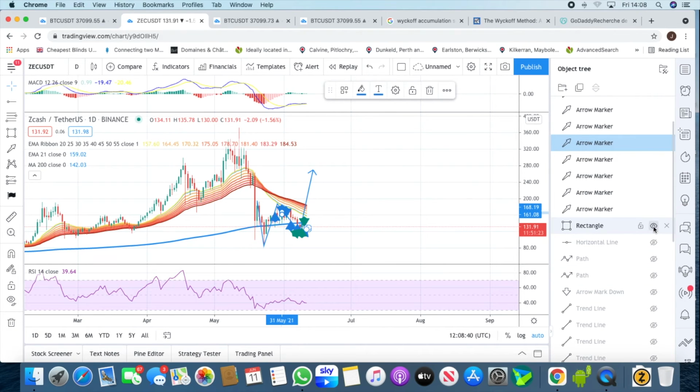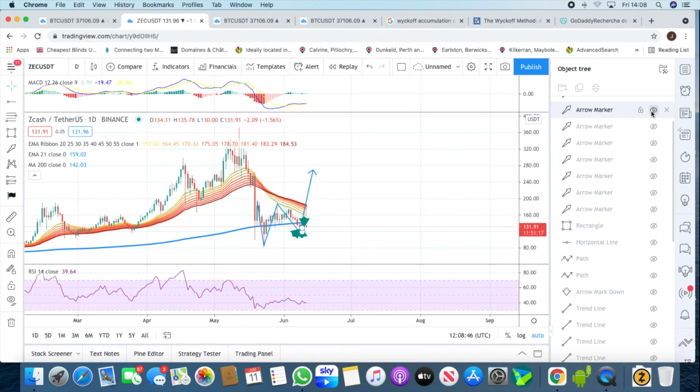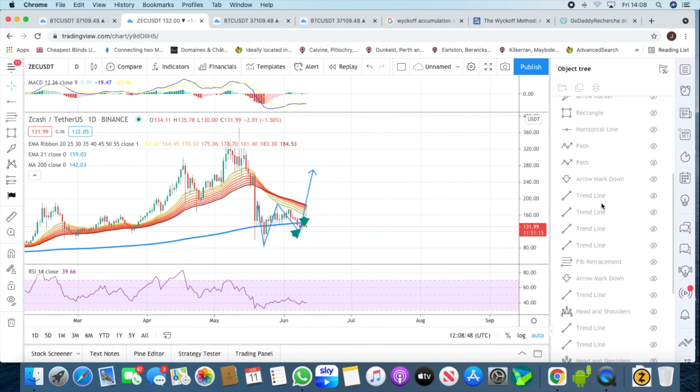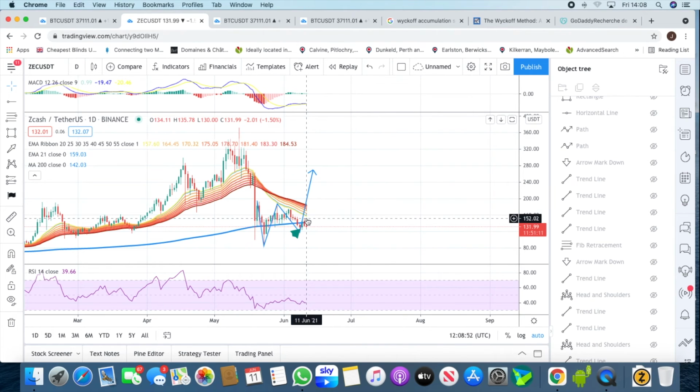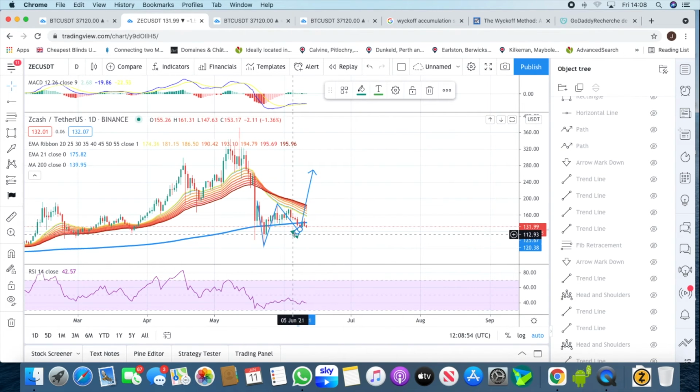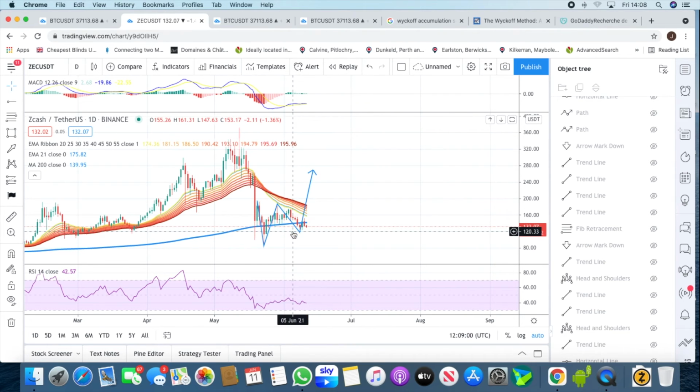Get rid of that one. Get rid of that one. Okay, so now, still a couple more. Let's just delete them. There we are. Okay, I would say this is looking pretty bullish.